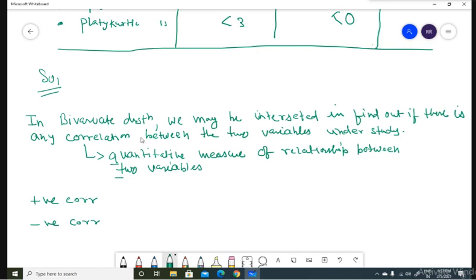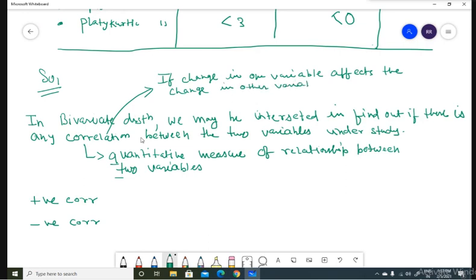Another definition of correlation can be given as: if change in one variable affects the change in the other variable, the variables are said to be correlated.